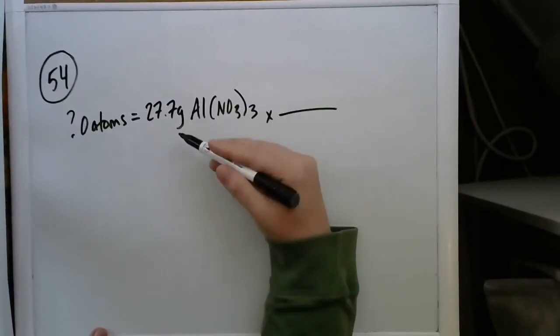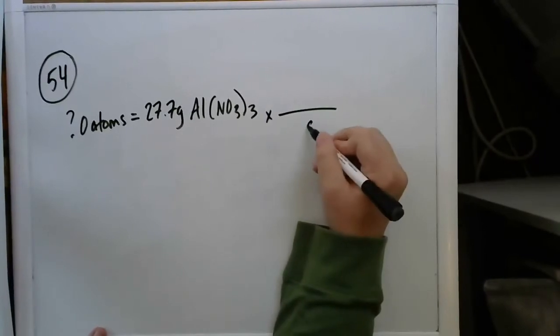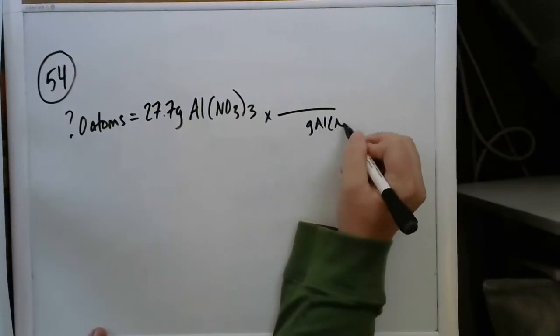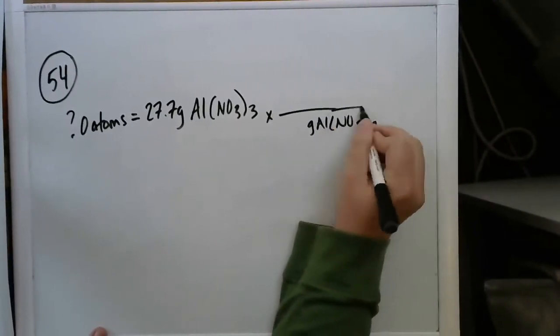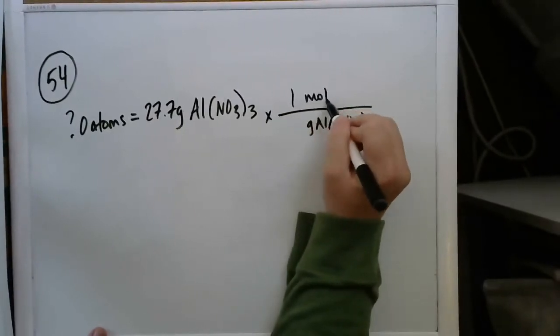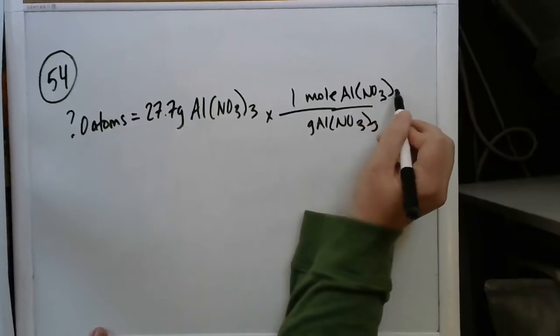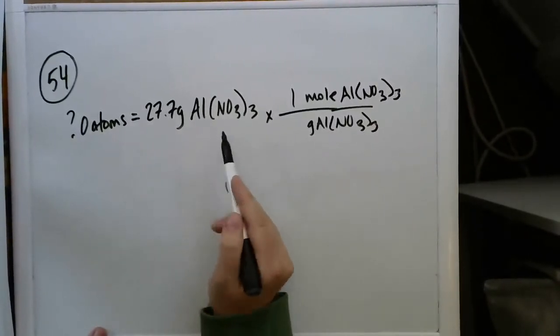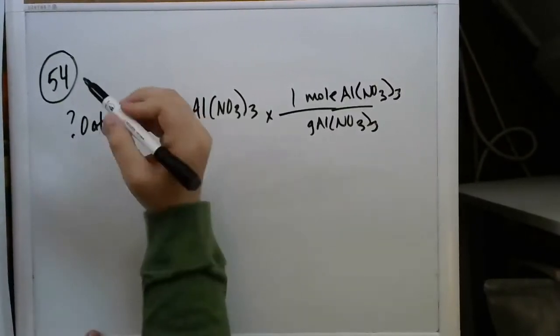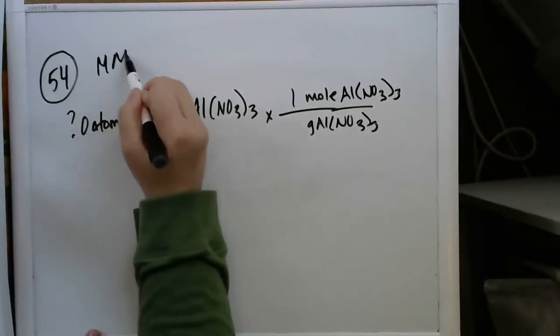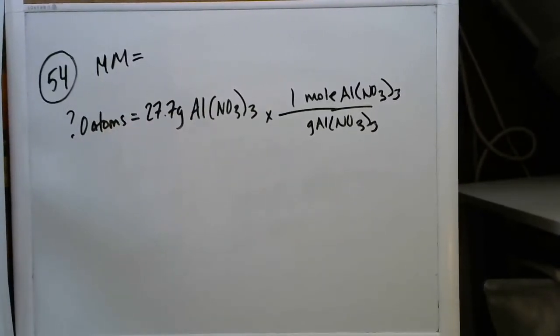So we're going to get rid of the grams of aluminum nitrate, and we're going to convert it into moles. Okay, so we're going to get a molar mass value for that. All right, so we're going to do calculator things real quick.